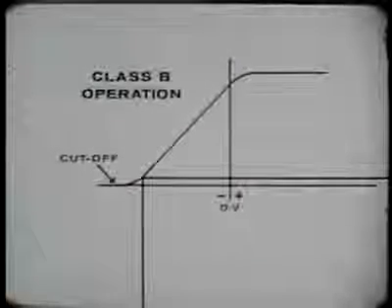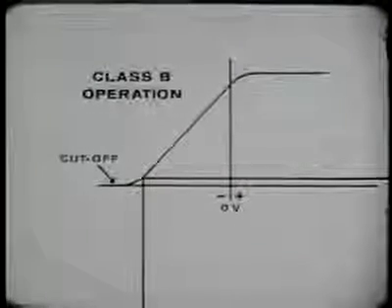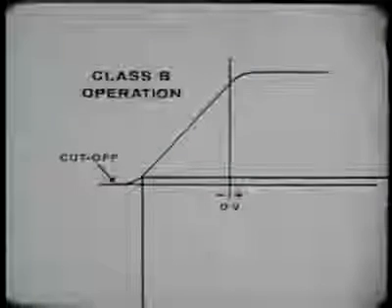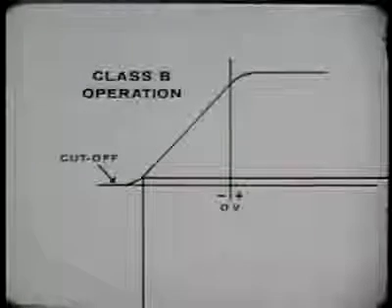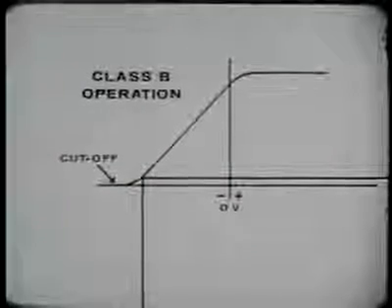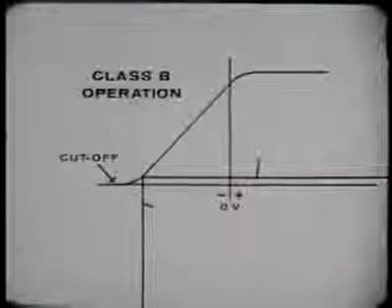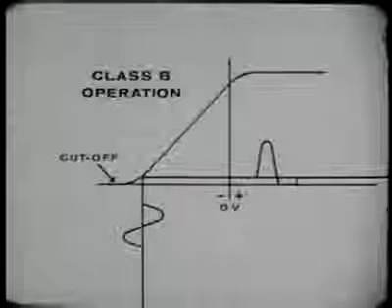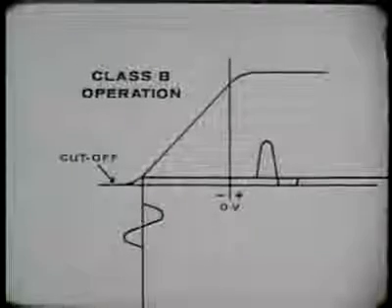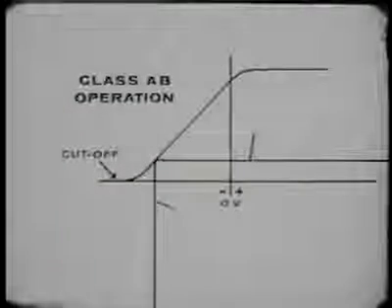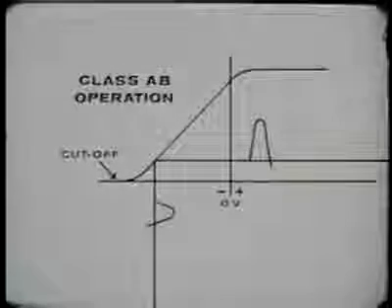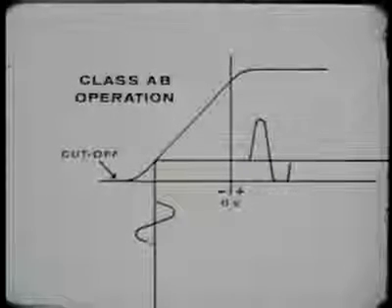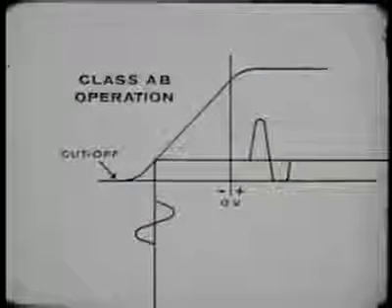If we bias the tube at or near cutoff, it is a Class B amplifier. Note that plate current represented by the upper waveform flows for only slightly more than 180 degrees of the input cycle. If we bias the tube between Class A and Class B, we have a Class AB amplifier.